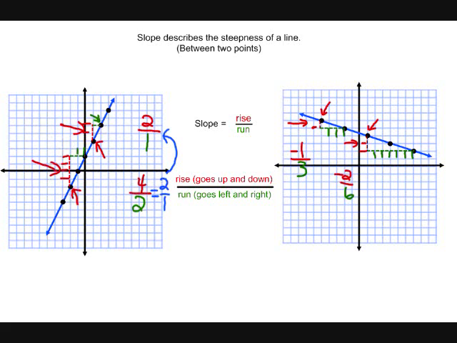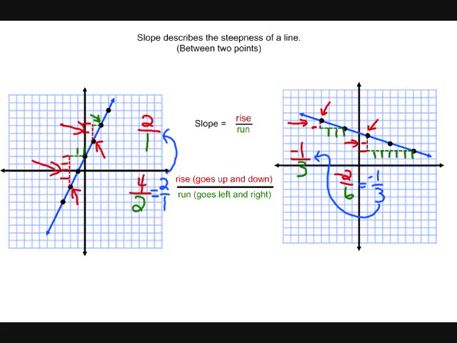Now this, once again, reduces to a negative 1/3, which is the same thing that we got right here. So any part of that line, you could take any of those points, and it would always come out to be a negative 1/3 because it describes the slope of that line.